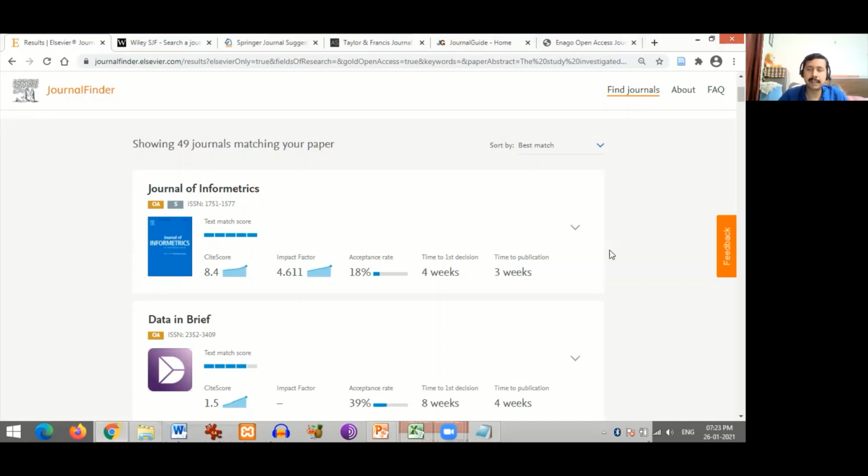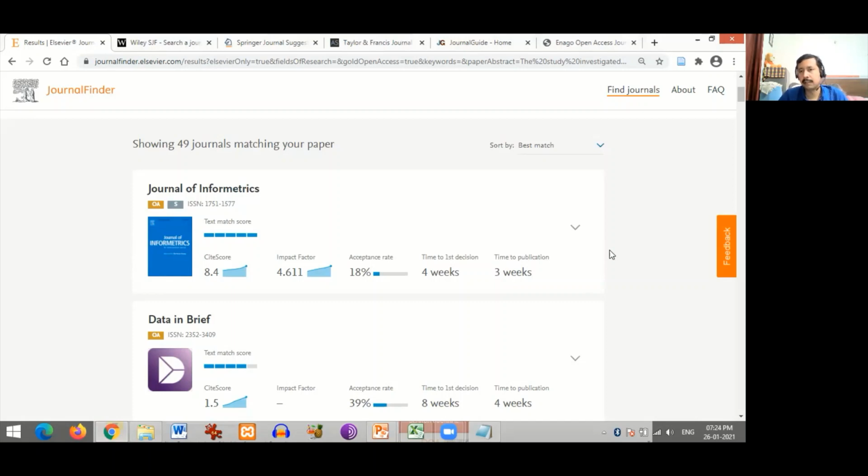Therefore, the acceptance rate is 18%. Time to first decision is 4 weeks. This journal takes about 4 weeks, a month, to communicate to the author for the first time whether the article has been considered for further processing or not.